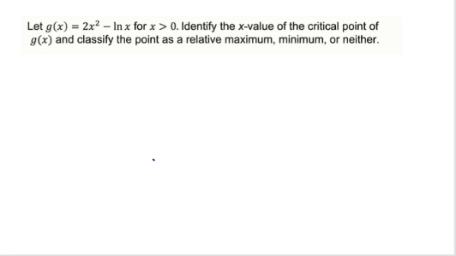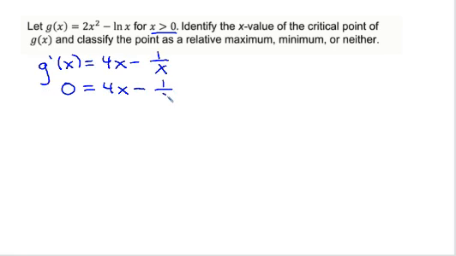I do want you to notice that this function is only defined for x greater than 0. Identify the x value of the critical point, and classify the point as a relative max, min, or neither. So we find our derivative, g prime of x, which is 4x minus 1 over x. We set that equal to 0 to find our critical points. I would multiply everything here by x.